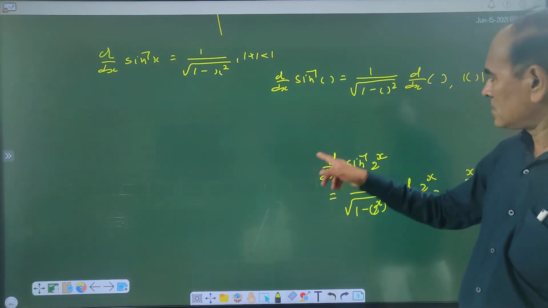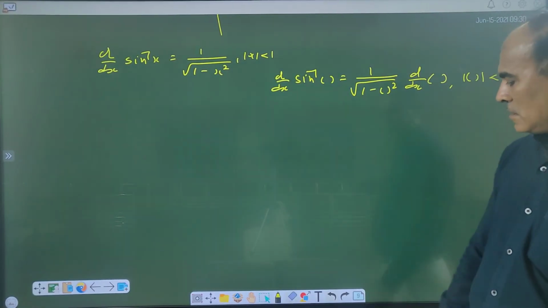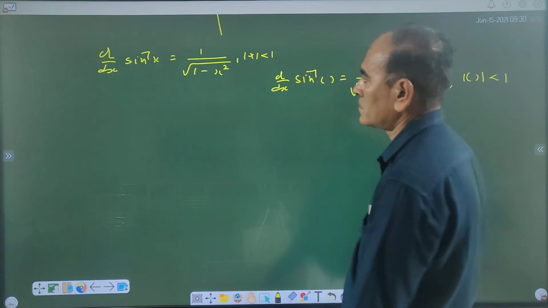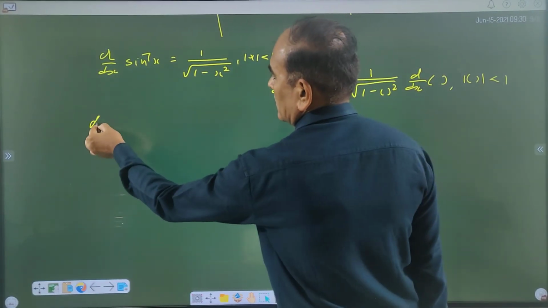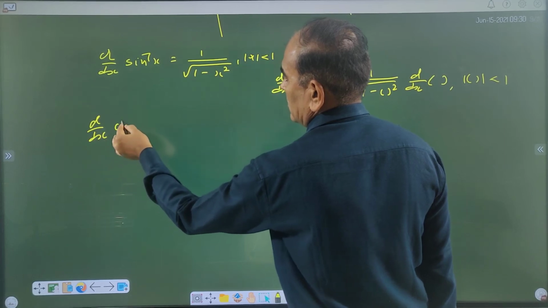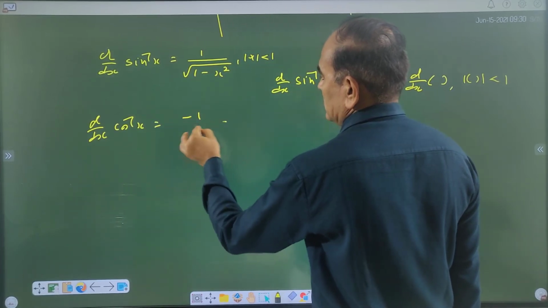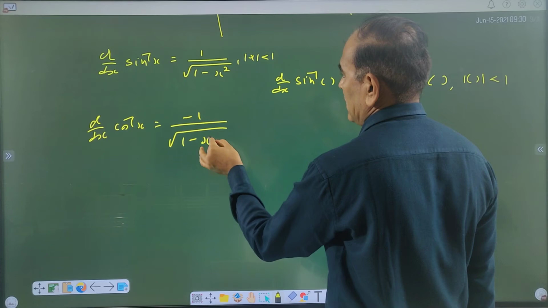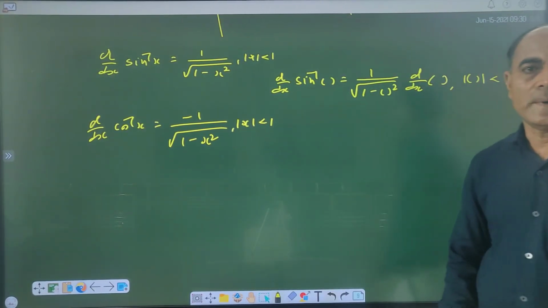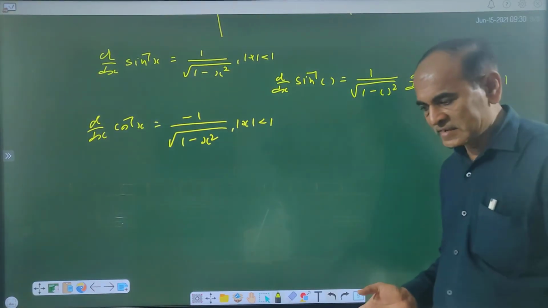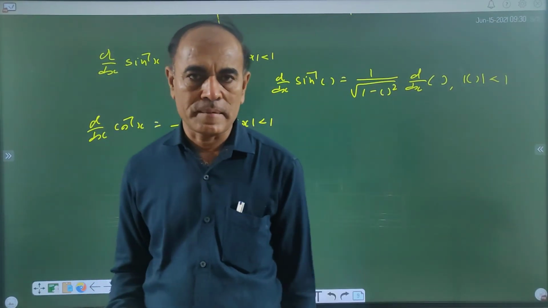Yes. So now the second form. D by dx of cos inverse x is minus 1 upon under root 1 minus x square, mod x less than 1, because y is equal to cos inverse x, so x is equal to cos y.